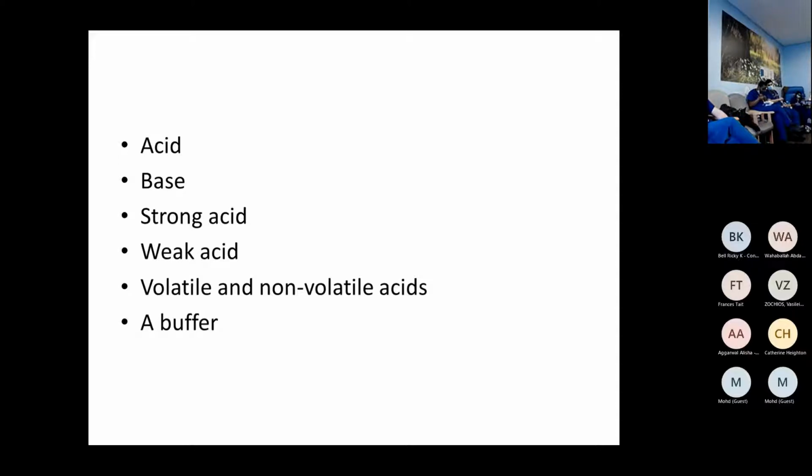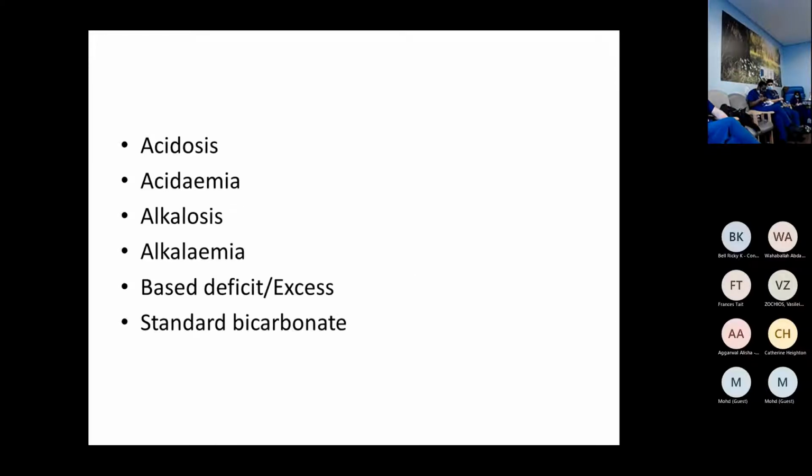The organic ones are the anion gap type things we think about, so ketone bodies and lactate. The inorganic things are things like phosphates and sulfates and other unmeasured weak acids that we just don't think about in everyday practice very much. So having a vague understanding of the different definitions is quite useful.